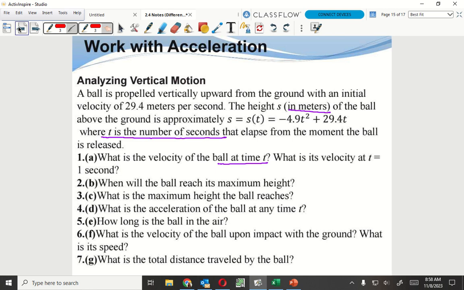I want my position function, the height, equal to 0. And it should happen 2 times, at the very beginning and at the end, right? So this is going to be 5.